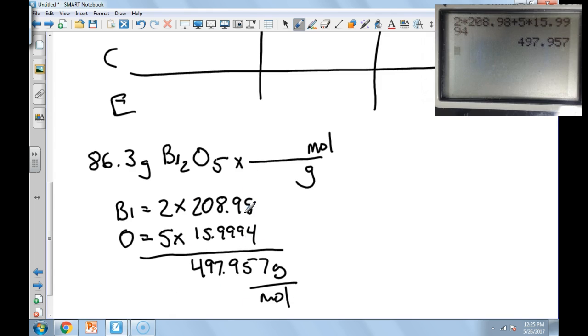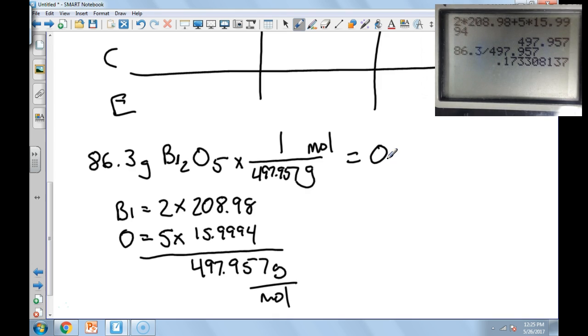Carry it out to as many decimal places as you get. This is a constant, so when we add these up, we should get a molar mass that is constant. And so for every 1 mole, we get 497.957 grams, and we do 86.3 divided by 497.957.